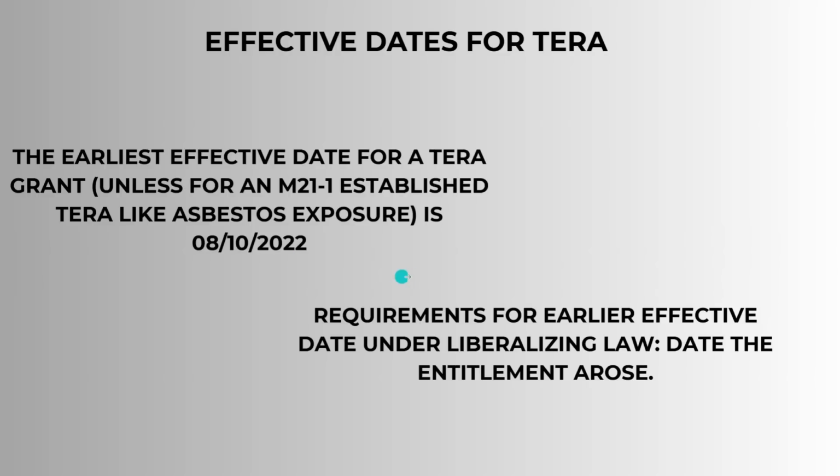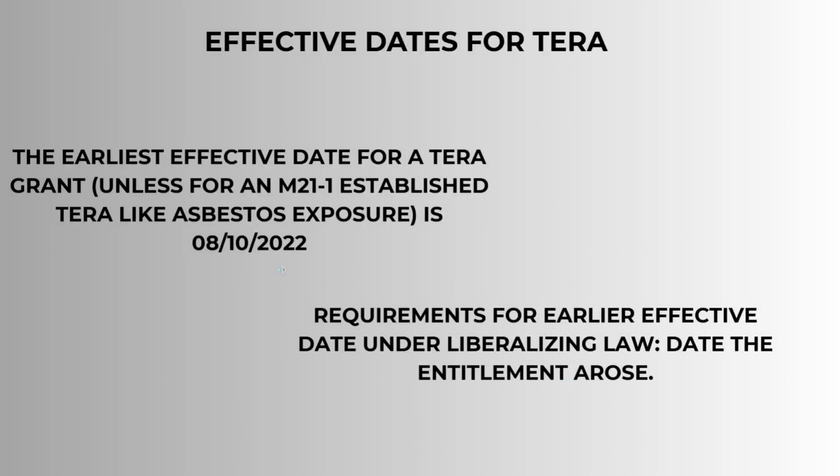Now, for requirements, if you filed a claim for something new today, you obviously can't go back to 8/10/2022. However, you can be granted a year prior to your date of claim, as long as you met criteria under the date the entitlement arose, prior to 8/10/2022.